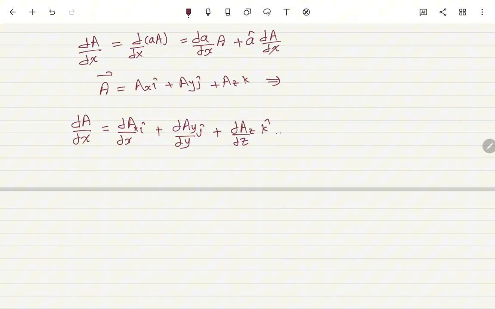As a physics example for this derivative of vector is the derivative of position vector. dr by dt is actually equal to velocity or r dot, and again the derivative of velocity v is acceleration, so a actually equal to dv by dt, or in other words it's v dot.